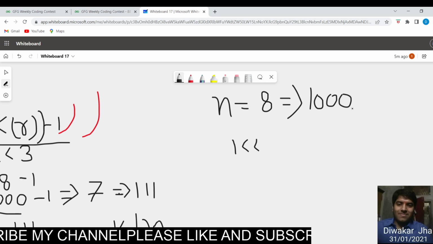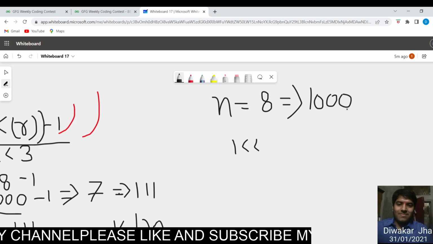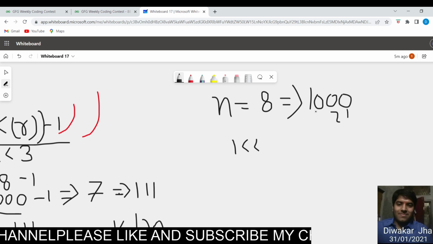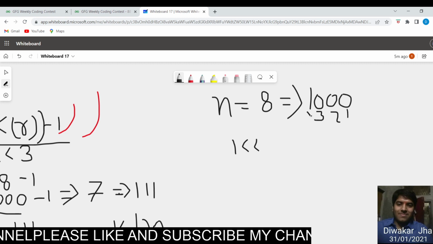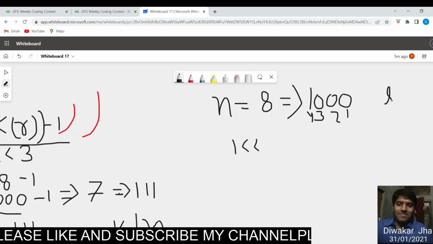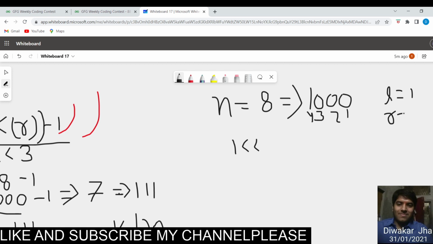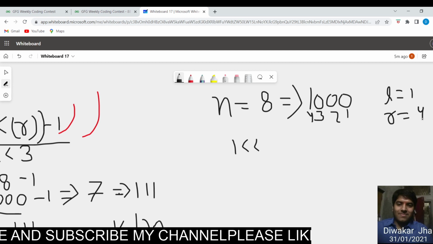Now you will simply count how many bits are present here. 1 2 3 4. So there are 4 bits. So the leftmost bit should be 1 and the rightmost bit should be 4.